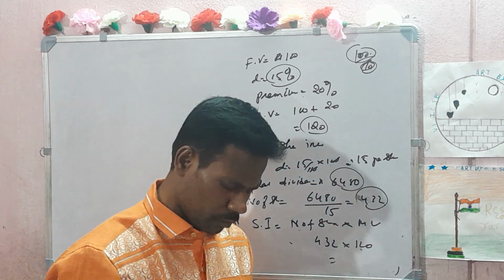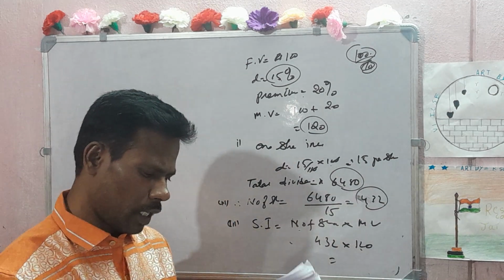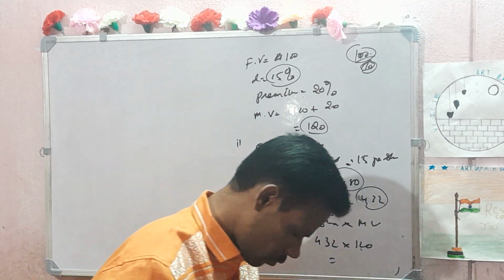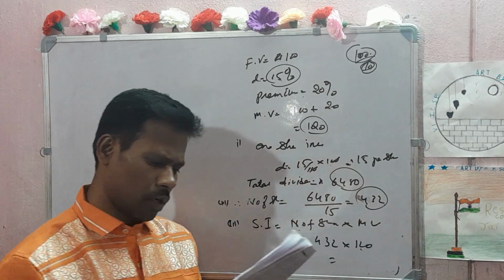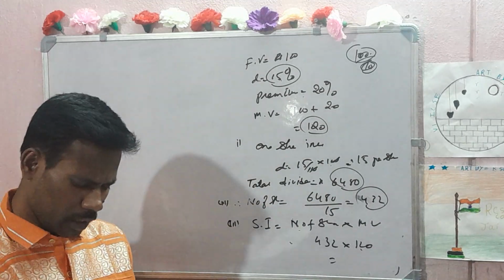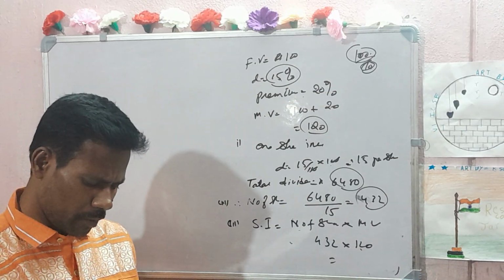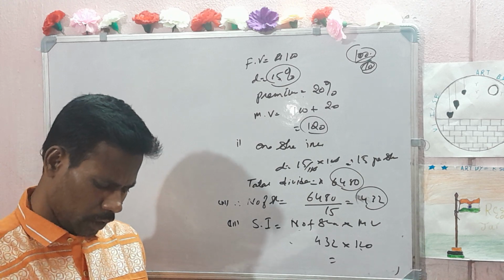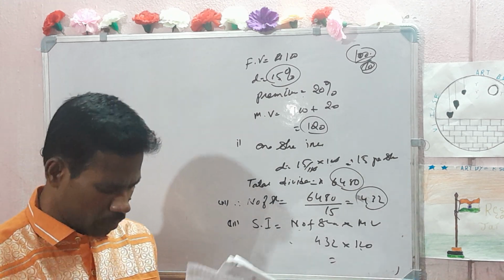Next question. Aishwarya bought 496 rupees 100 shares at 132. Find the investment made by her. These are all different questions.